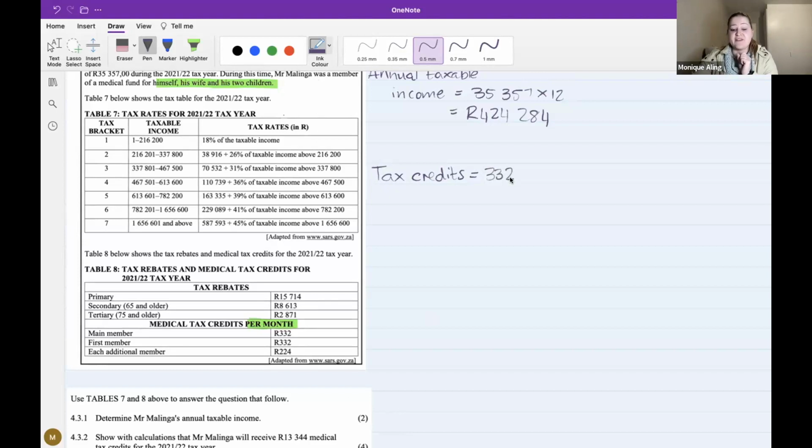His wife would be the first member. So that's another 332. And then he's got 2 children. The 2 children would be the additional members. So you can say plus 224, or you can say plus 224 times 2. So per month, medical tax credits is going to be 1,112. That's per month.